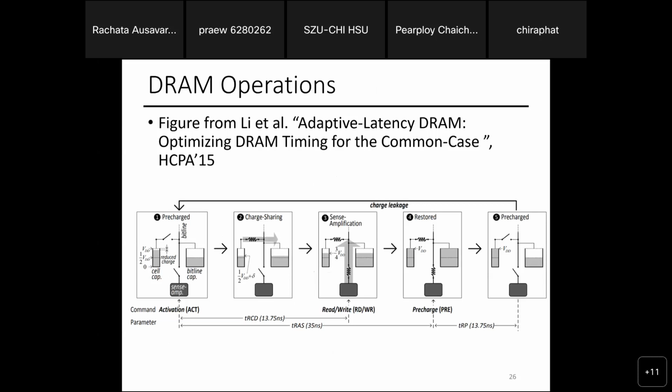All right. There are two things I want you to look into for now. Each bit in DRAM has a cell capacitor. The cell capacitor that I highlight, is it blue? You see blue, right?